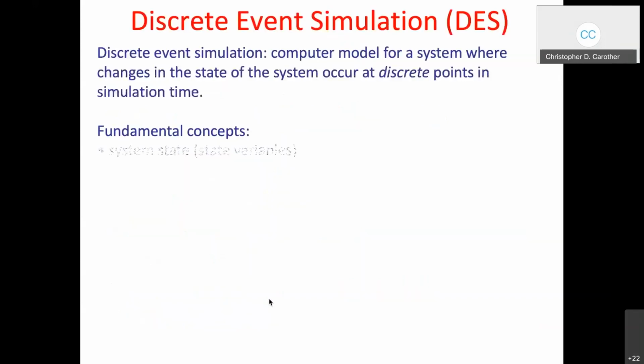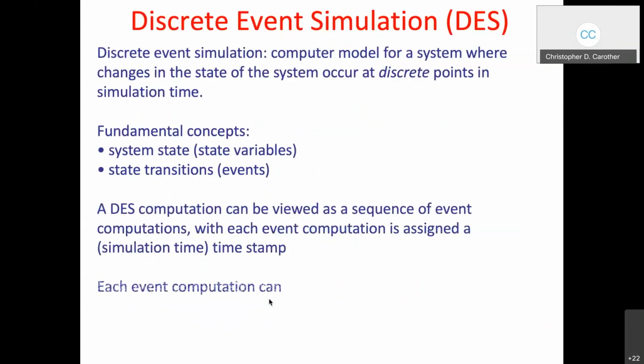So if I look at just a core discrete event simulation, the core approach is actually fairly simple. The fundamental concepts are: I have a state of some system, these are our state variables, and then I'm going to define a set of state transitions. This discrete event computation can be viewed really as a sequence of events, with each event computation assigned a timestamp in the simulation.